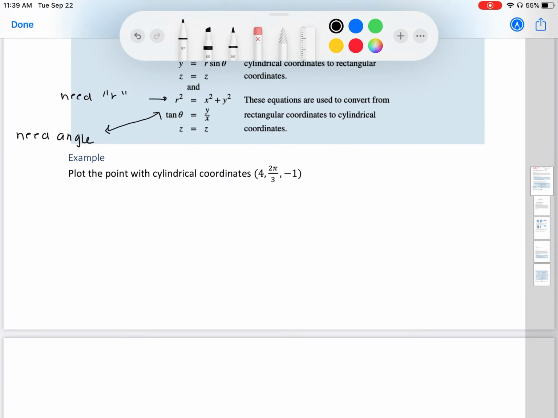Okay, so let's do this example. Plot the point with cylindrical coordinates 4, 2 pi over 3, and -1. We're given these cylindrical coordinates and we want to graph them. Well, maybe it is worth our effort to change it to rectangular coordinates and then graph.